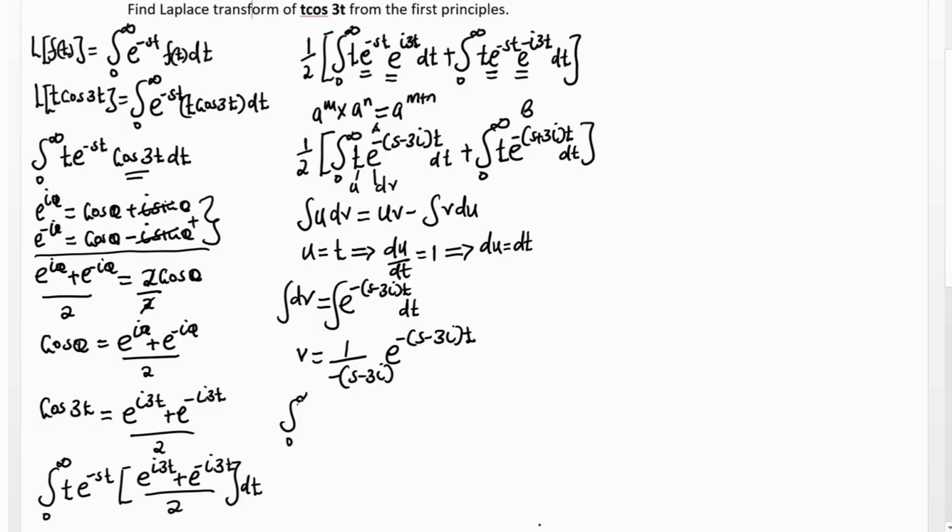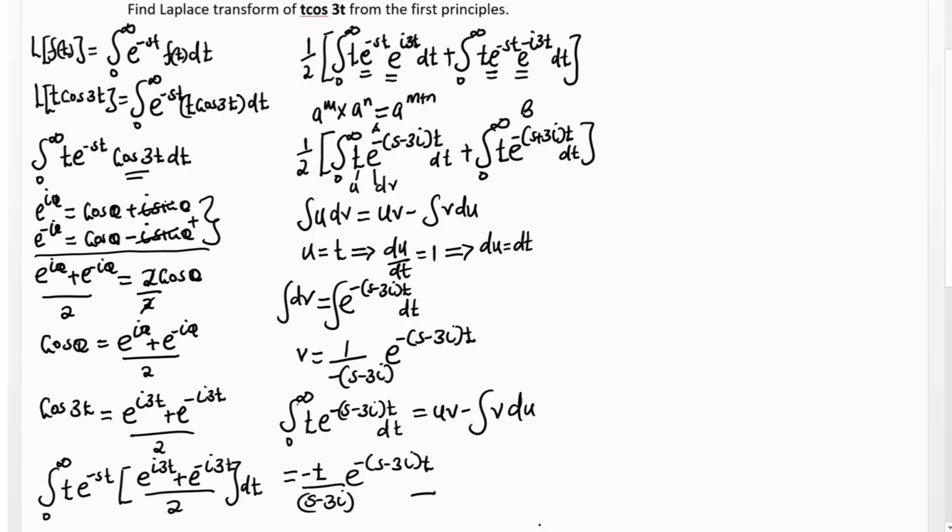So it becomes integrating from 0 to infinity t e raised to minus into s minus 3i t dt, which is given by uv minus integrating v du. So what is our u? Our u equals t, and v is the same as negative 1 all over s minus 3i, e raised to minus s minus 3i into t.